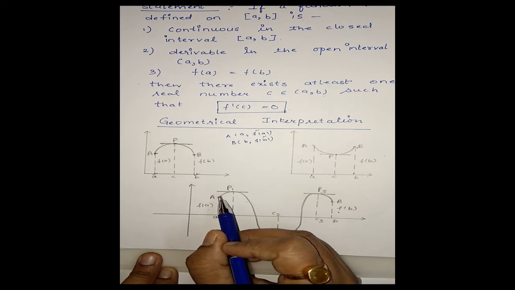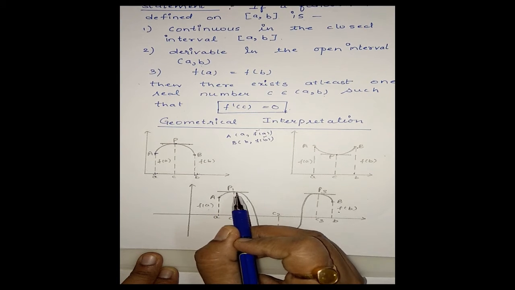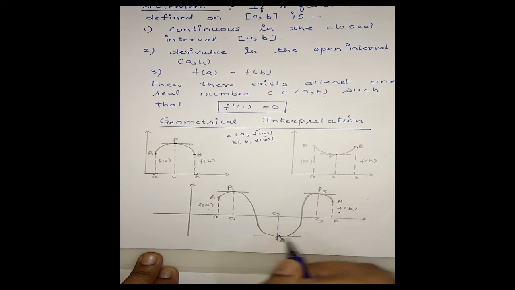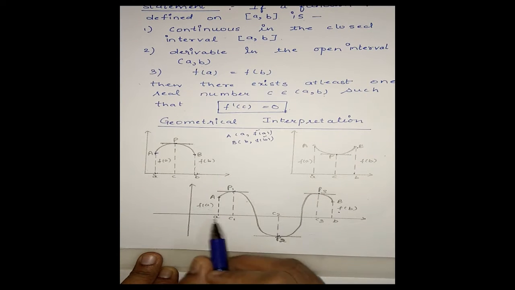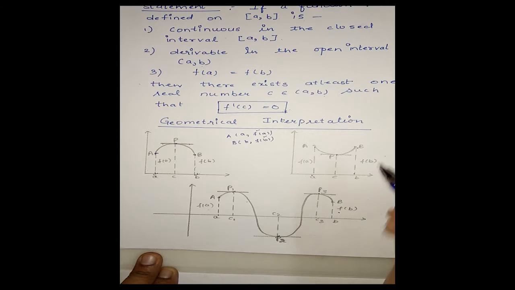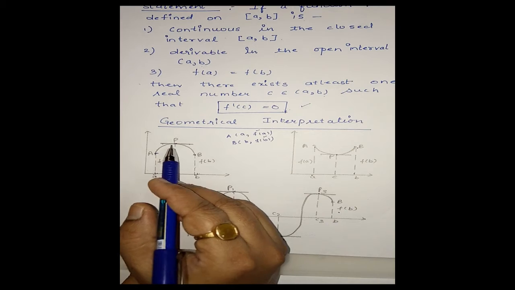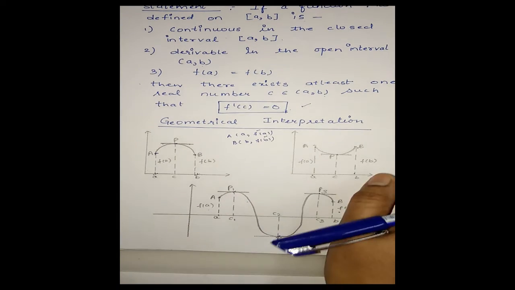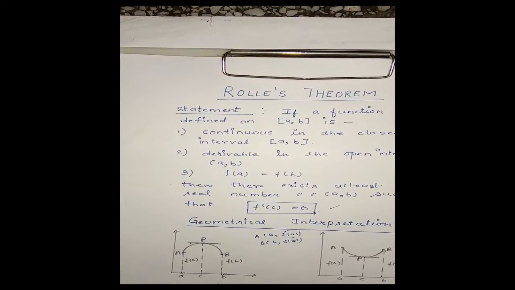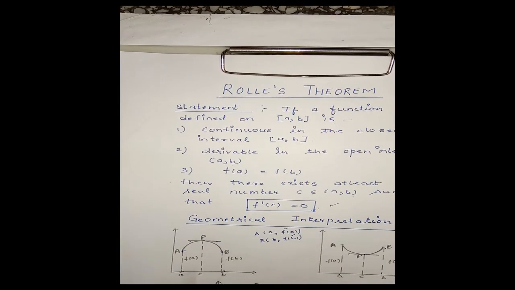And here there exist three points, P1, P2, P3, at which we can draw a tangent parallel to the x-axis. This is the conclusion. f'(c) equal to 0 means the tangent at that point is parallel to the x-axis. So this is the geometrical interpretation.